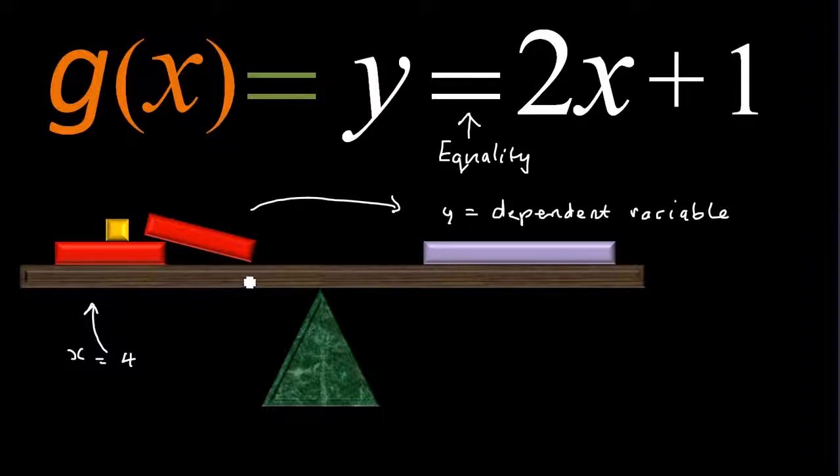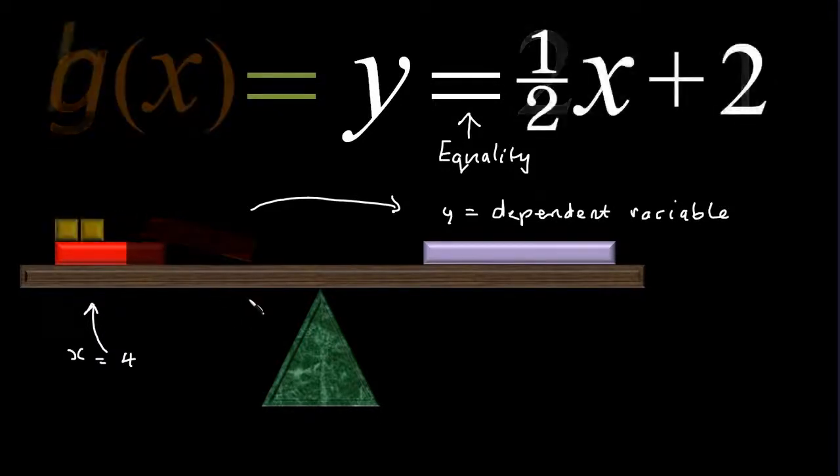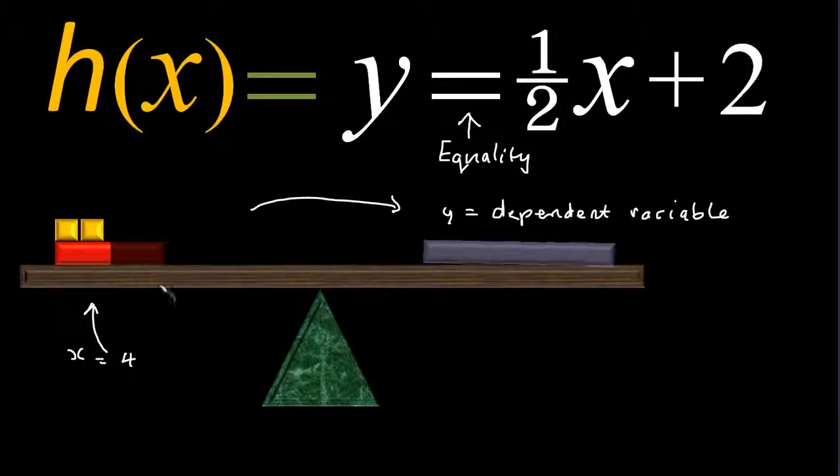And so if we look at our final function, let's have a look. Here we go. So now what we've got is h of x, and our function is now y equals half x plus 2. So what we've done is halved our x and added 2.